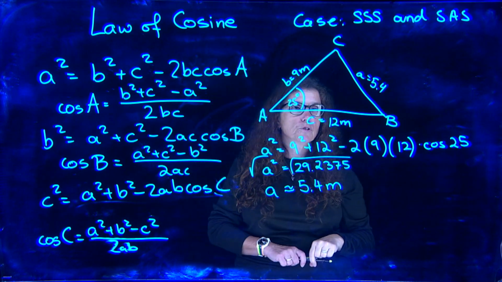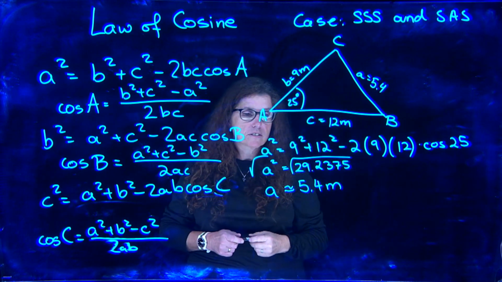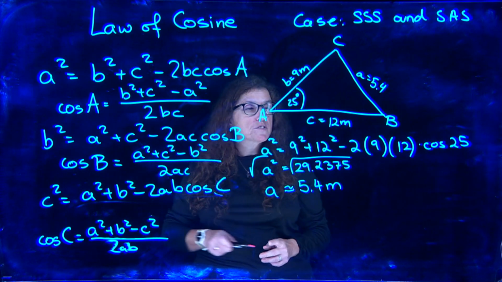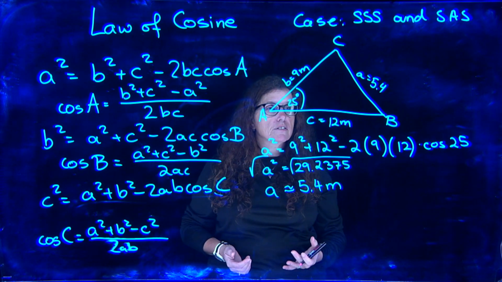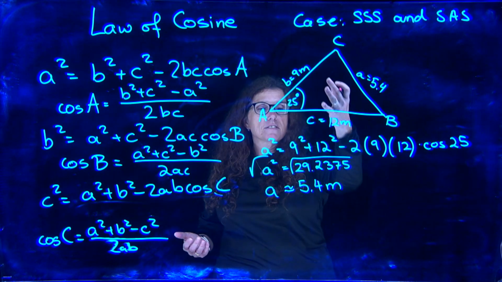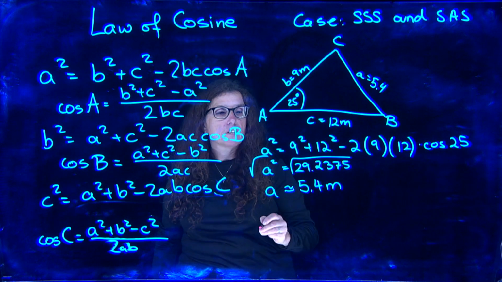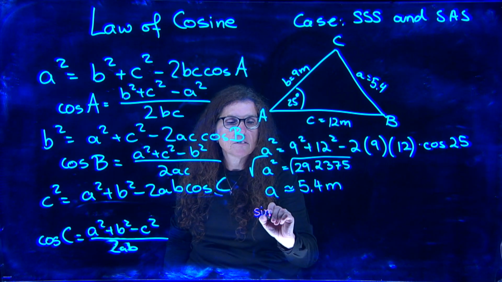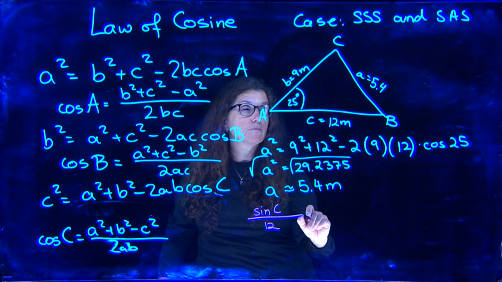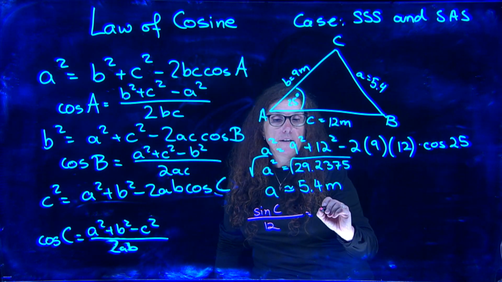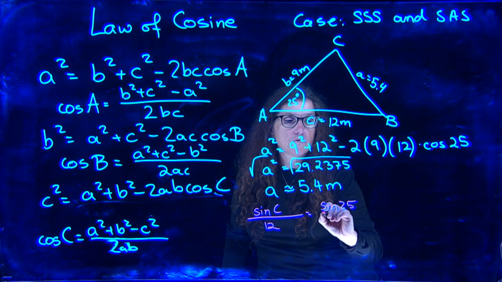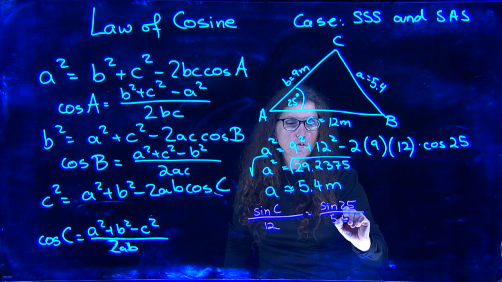Now we have two more angles that we need to find. And guess what? Let's just use the law of sine that we learned in the previous section to find, let's say, angle C. So the sine of C over 12 is equal to the sine of 25 over 5.4.